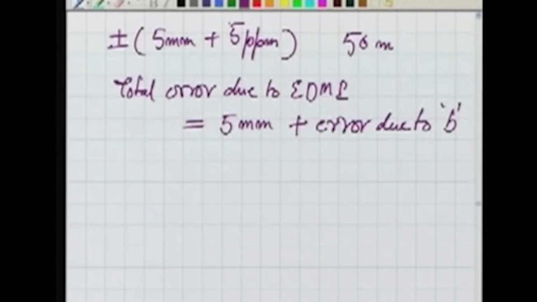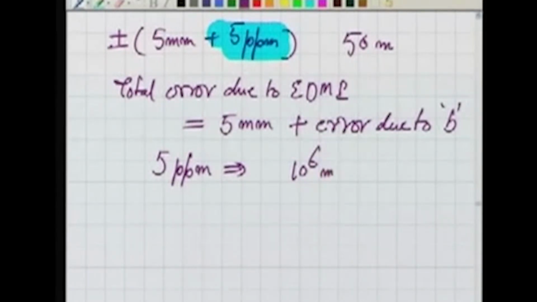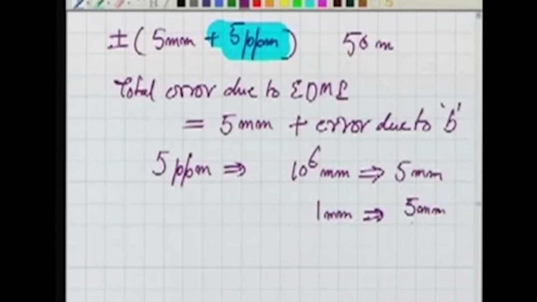B is this 5 ppm. The meaning of 5 ppm is that in a distance of 10 to the power 6 millimeter, there is an error of 5 millimeter. So for 1 millimeter distance, the error is 5 millimeter divided by 10 to the power 6.